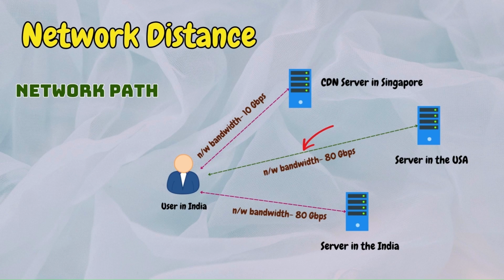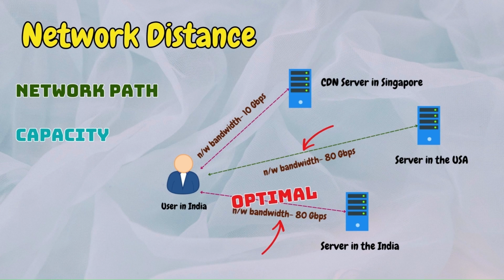Shorter paths typically result in lower latency. And second, capacity limits. The capacity or bandwidth along the network path also impacts proximity. Optimal proximity involves selecting the server with the shortest path and the highest available bandwidth. This ensures faster content delivery to the user.